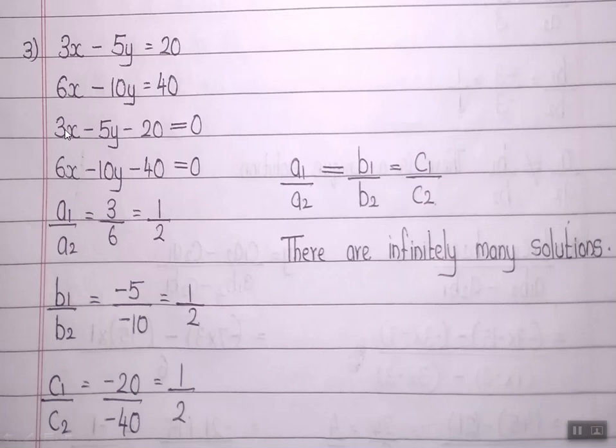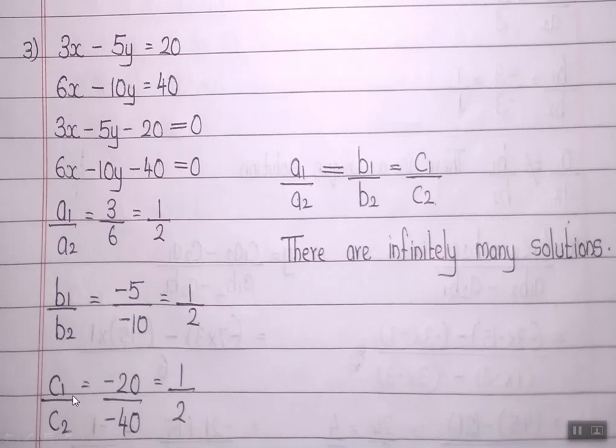Here a1 is 3, a2 is 6. So a1 by a2 is 1 by 2. What is b1 by b2? b1 is negative 5, b2 is negative 10. Again reducing, you will get b1 by b2 as 1 by 2. c1 by c2. c1 is negative 20, c2 is negative 40.